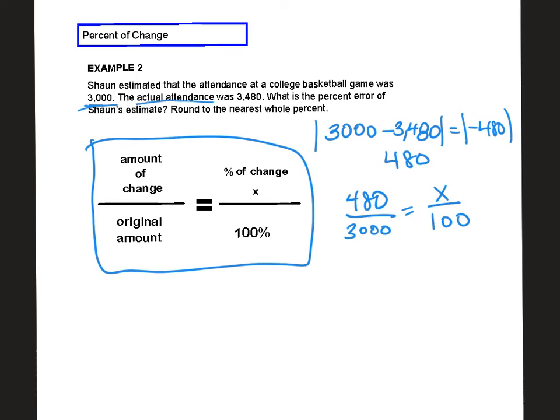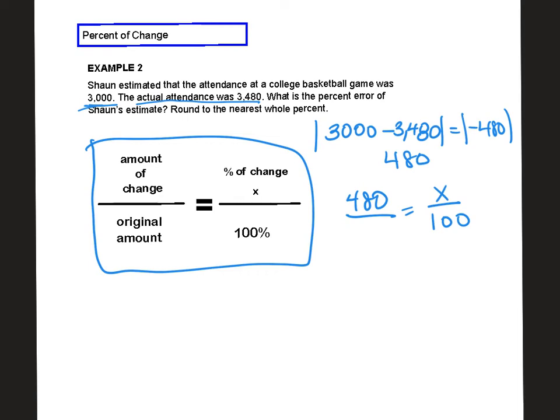The actual attendance. Okay? Estimated, notice the word, the estimated attendance was 3,000. Estimated is not the approximate answer. The actual is 3,480. That is what we are putting here. We are not working with estimated. When you estimate, you are rounding.